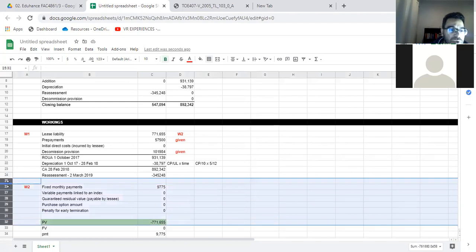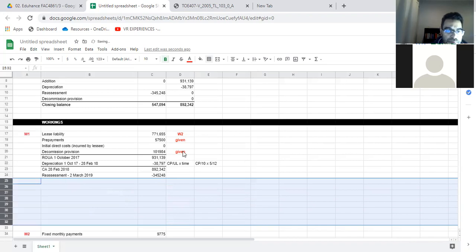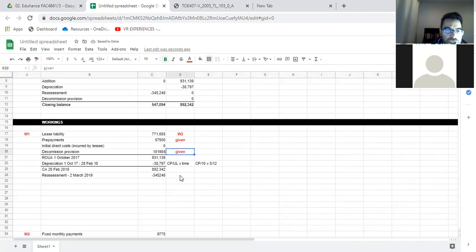But now remember, that was not the only change. There was also a change to the decommissioning liability.